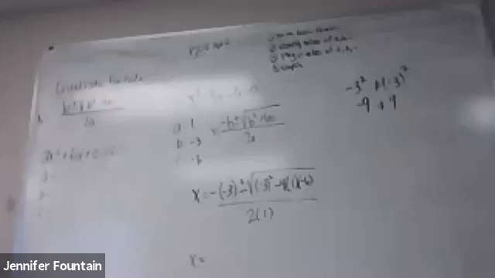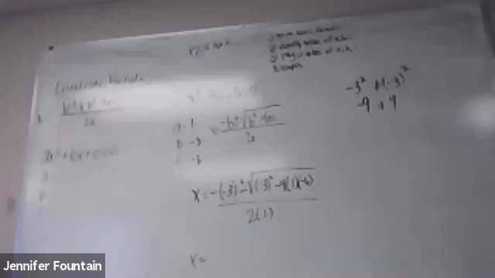Pull this out and put 6 over 4 plus or minus. Now, what is the square root of 44 going to break down to? 4 times 11, and I can pull out the 2, so 2 times the square root of 11 over 4.